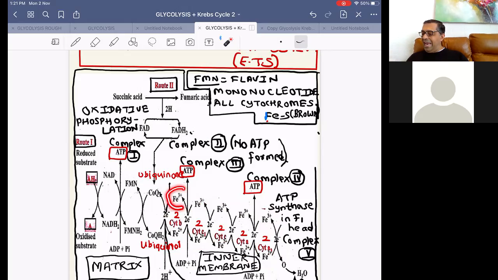What was ferric getting reduced to form? Ferrous. Then what does ferrous get oxidized to? Ferric. Next electron acceptor, ferric gets reduced to ferrous. Ferrous gets oxidized to ferric.